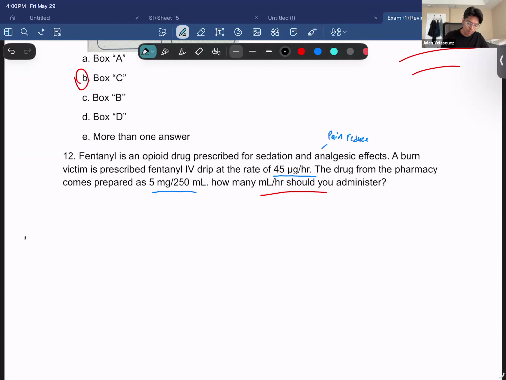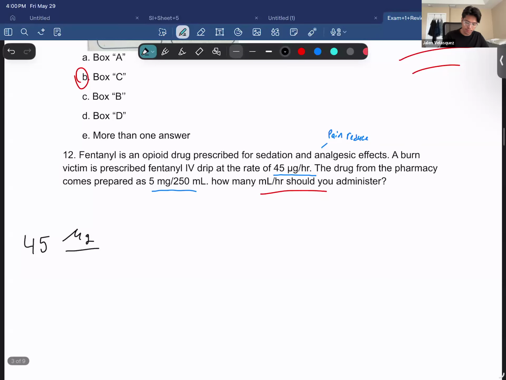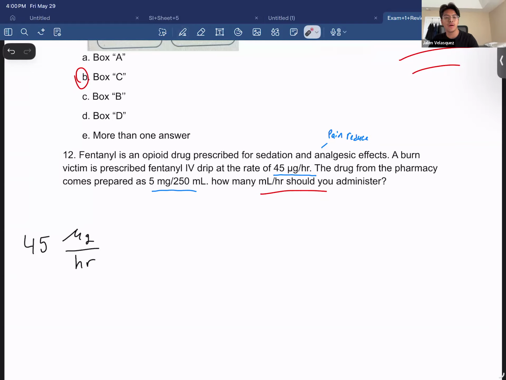I would start with the 45 micrograms per hour. Before you even look at the number, just look at the units, because the units are how you solve your way out of this. So what do we ultimately need to do? We have to go from micrograms to milliliters, and we're going hours to hours, so that's not even a conversion.